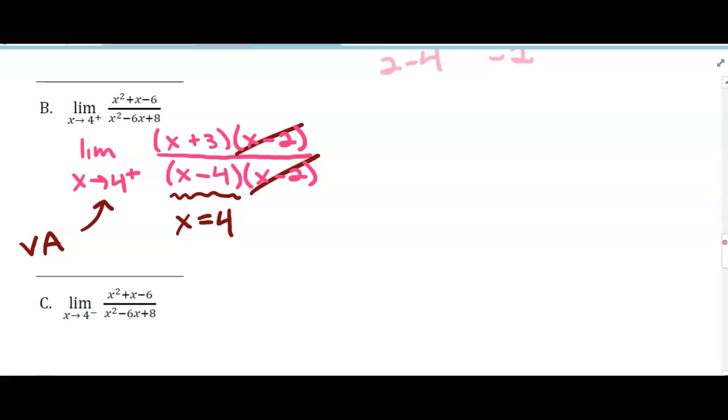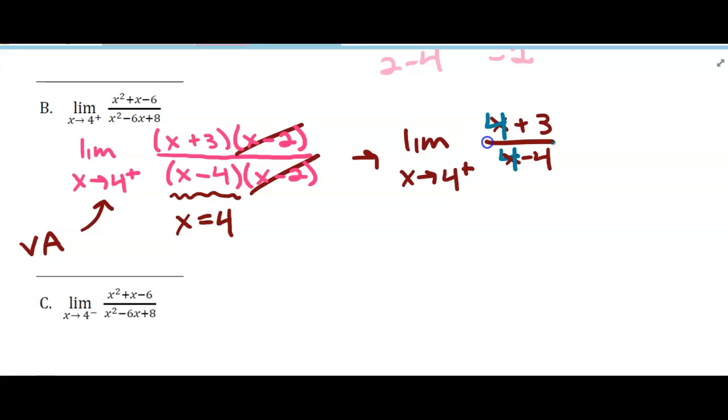If you try the exact same thing, direct substitution, I'm still going to have an issue. When I plug in a positive 4 for x, I get 4 plus 3 in my numerator, that's fine. In my denominator, I get 4 minus 4, which is 0. So direct substitution still does not work for us.